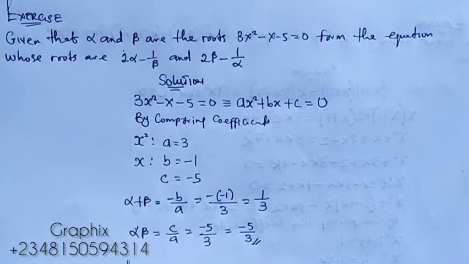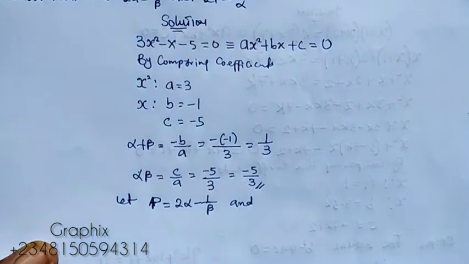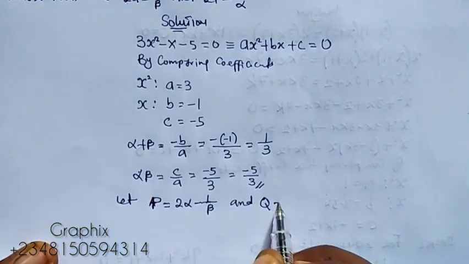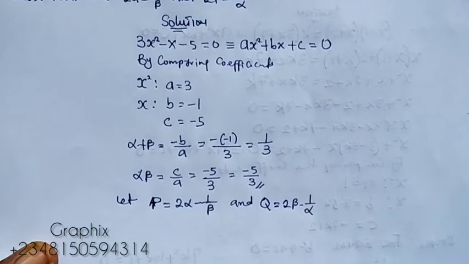You can say let p be equal to 2 alpha minus 1 over beta and q to be equal to 2 beta minus 1 over alpha.